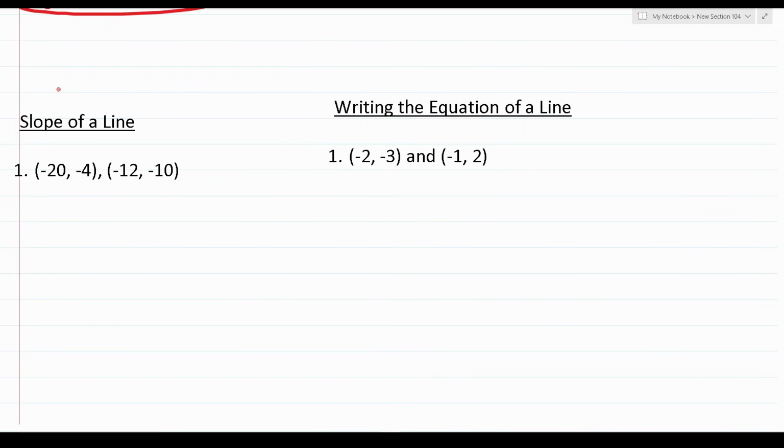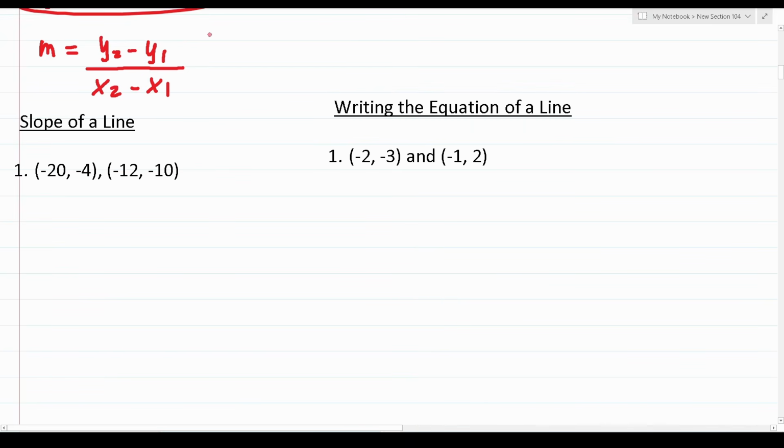And you should notice that the very first formula on the very first page is in regard to finding the slope of a line. And that formula is this: m equals y2 minus y1 over x2 minus x1, where x1, y1, and x2, y2 are points on the line.